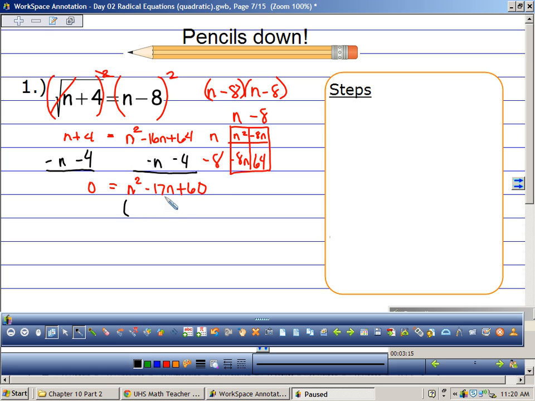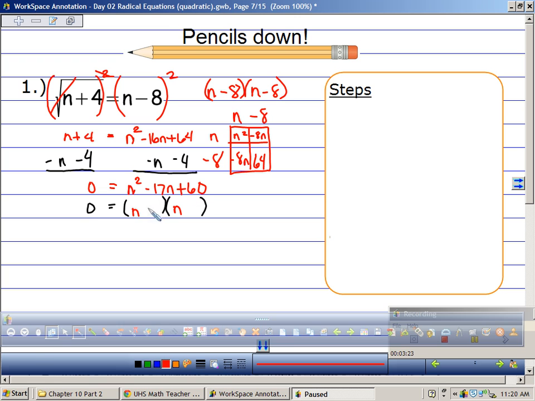Now I need to factor it. When I factor this, I have an n and an n. I know that 12 times 5 is 60. But 12 and 5 don't make negative 17, but if I make them both negative, it does. Now I just have to double check that it still works with the last term. Negative 12 times negative 5 is positive 60.